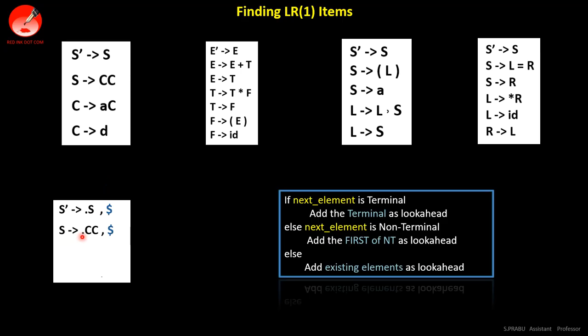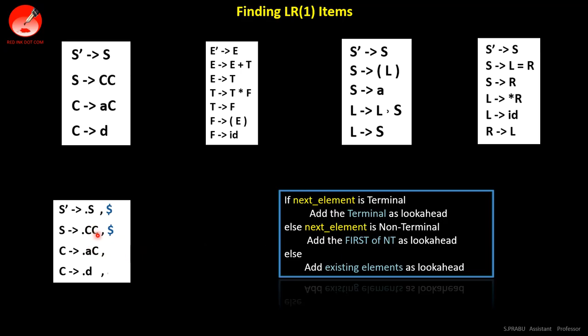In this production, after the dot, capital C is there, so I write these two productions with the dot operator. And I am going to find the new lookahead symbol here. This production rule can be formed from this capital C, so I should write the follow of this capital C here. The next element is a non-terminal. If it is a non-terminal, I should add the first of that non-terminal as the lookahead symbol.